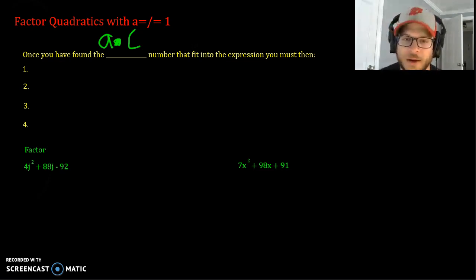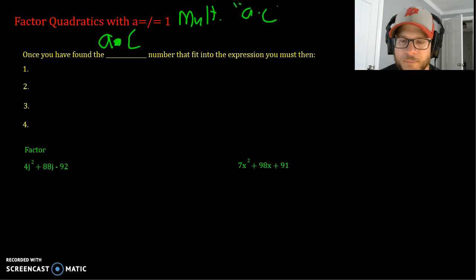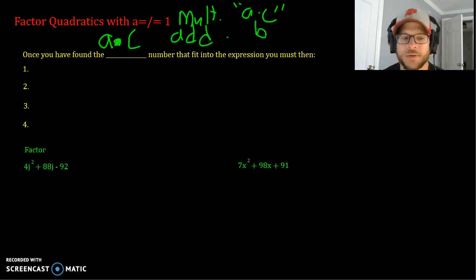So for this time, you're finding something that multiplies to get your a times c number, but then you are still trying to find something that adds to equal your b term.